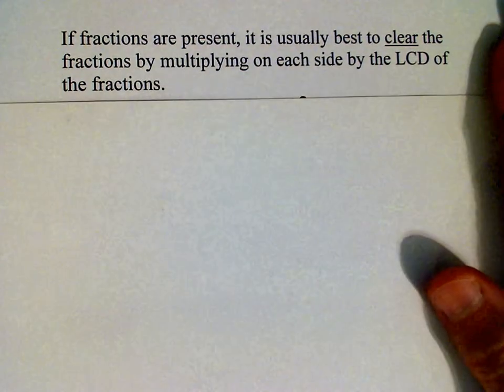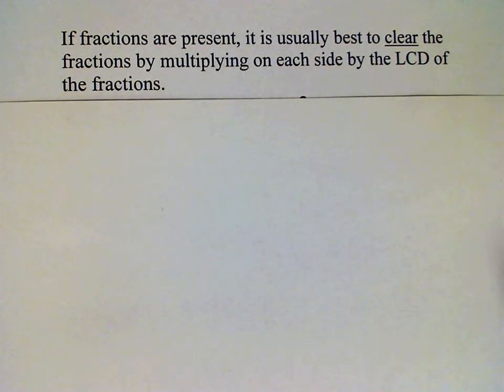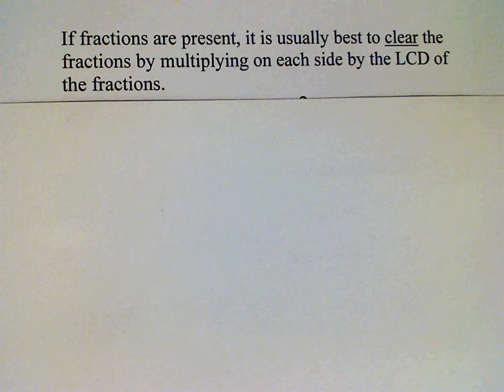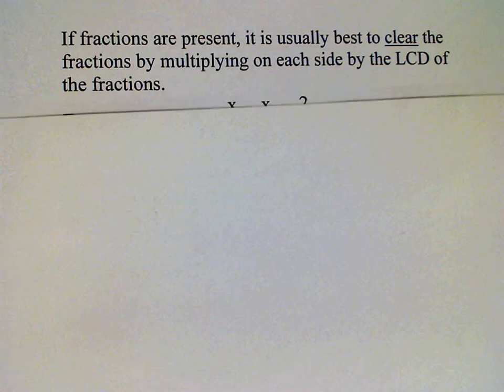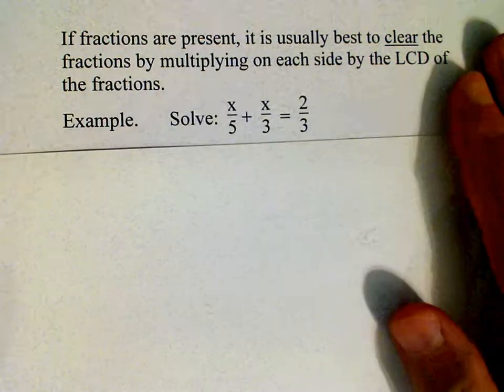You may work with the fractions if you like, but most people do not like to work with fractions. The reason is the multiplication property allows us to multiply by any number. So if we multiply by the least common denominator, then the fractions will go away. Let's see an example.